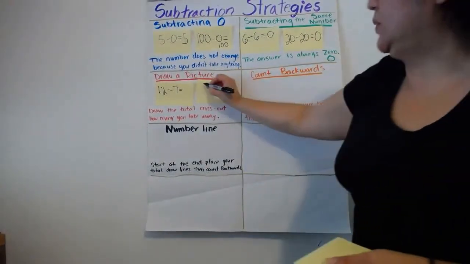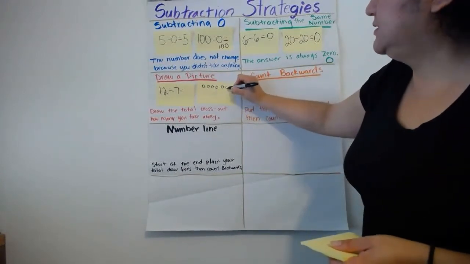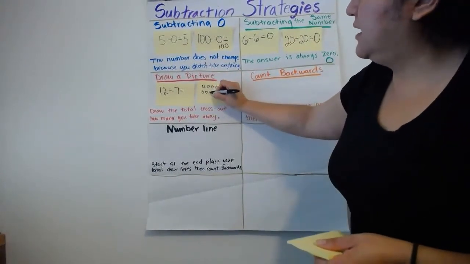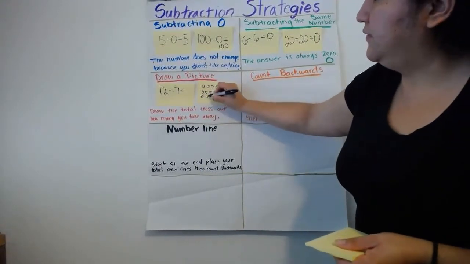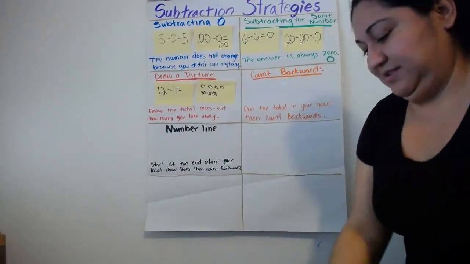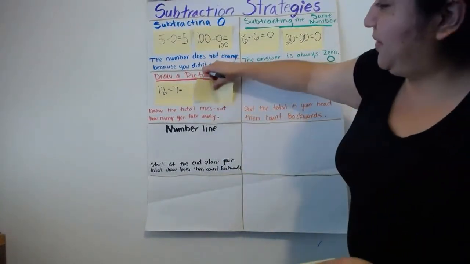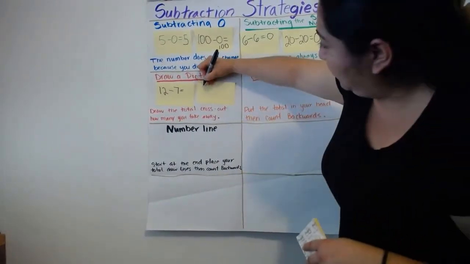It's more time consuming. So you would have to draw 1, 2, 3, 4, 5, 6, 7, 8, 9, 10, 11, 12, 13, 14, 15, 16. Oh, sorry, I went over. Let's start again. Oh, I made a mistake. So sometimes we make mistakes. It's okay.